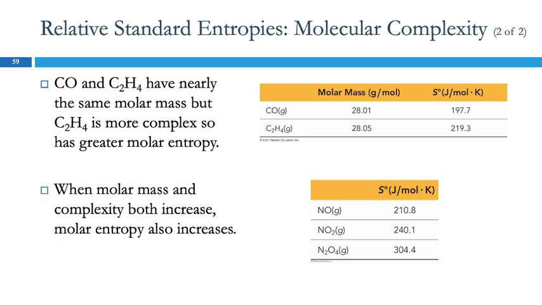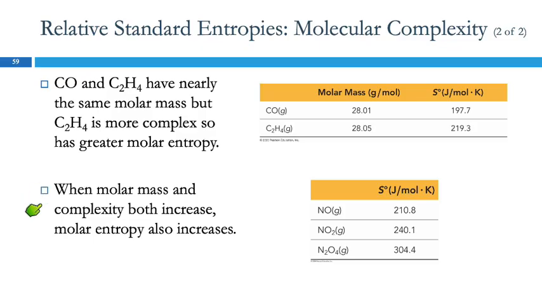If we look at carbon monoxide and C2H4, their molar masses are super, super close. But C2H4 has higher entropy. That's because C2H4 is more complex. It has more bonds that can stretch and contract, and so there's different ways to arrange the energy.